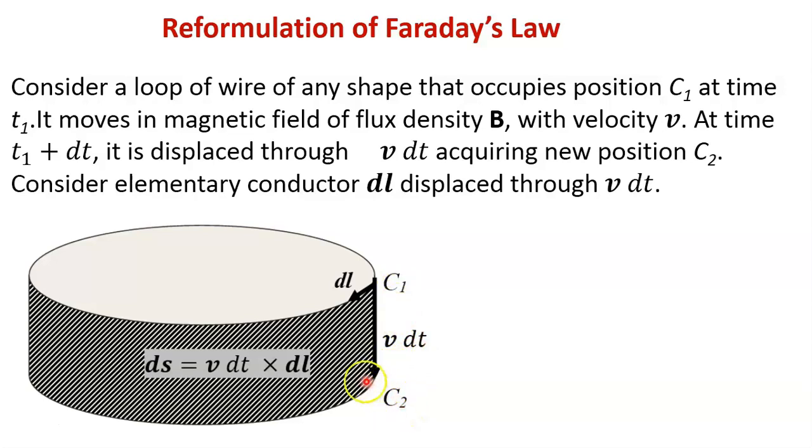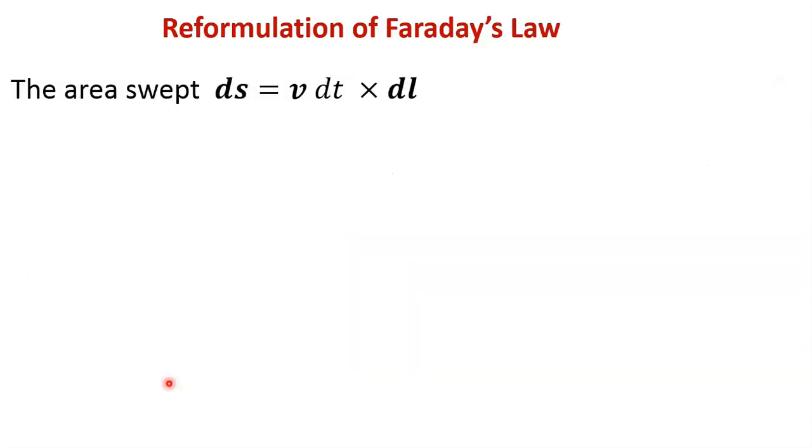And here we are interested in the vector area, which is the region of this strip kind of geometry. So vector area will obviously be the cross product of this vector dl bar and the other displacement vector v bar dt. So v bar dt cross dl bar represents the ds bar vector element.